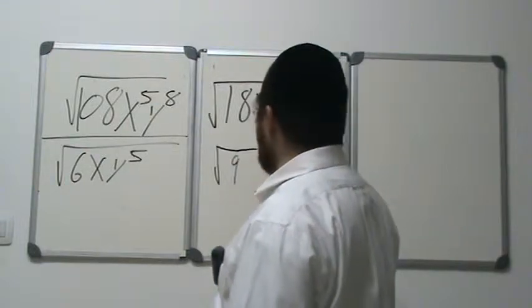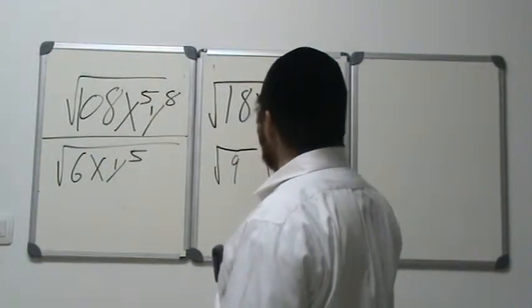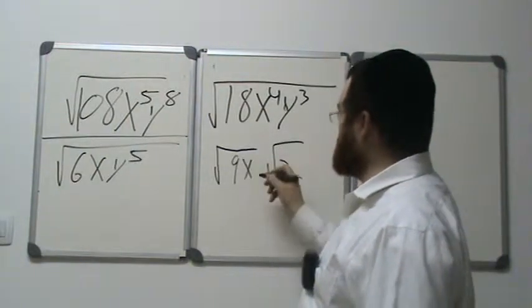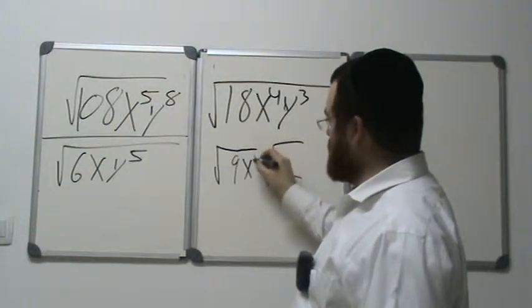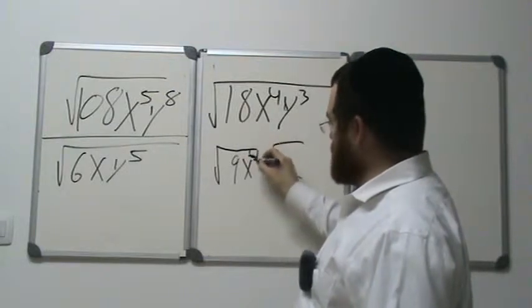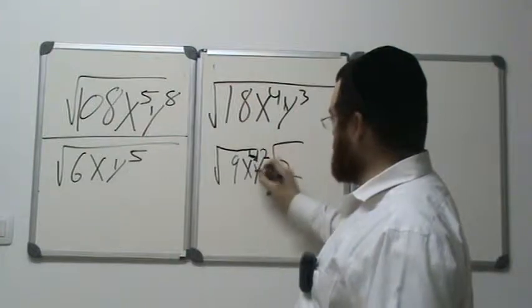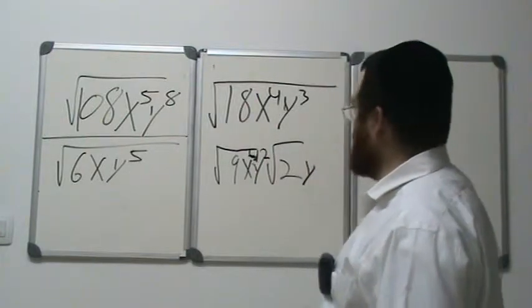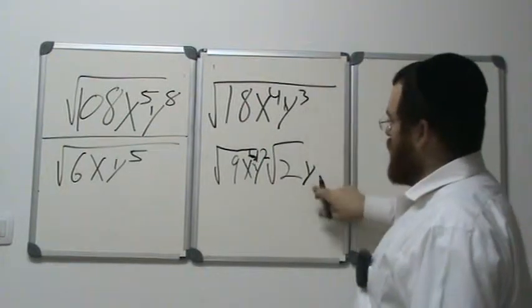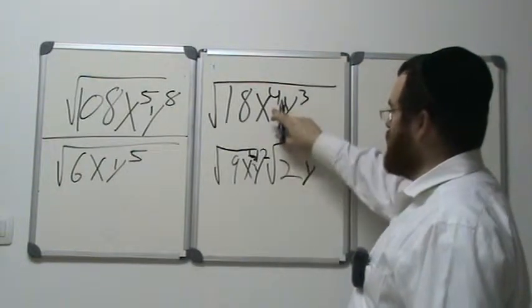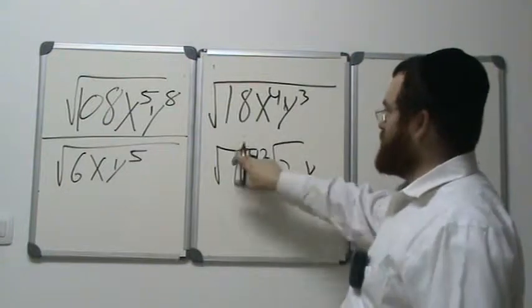And x to the 4th power is a square, so we could take it out, and we're going to leave x to the 2nd power outside. And y to the 3rd, we're going to put a y to the 2nd, and on the right side just going to have y, because y times y squared is y cubed, and x to the 4th power you have here, and 2 times 9 is 18.